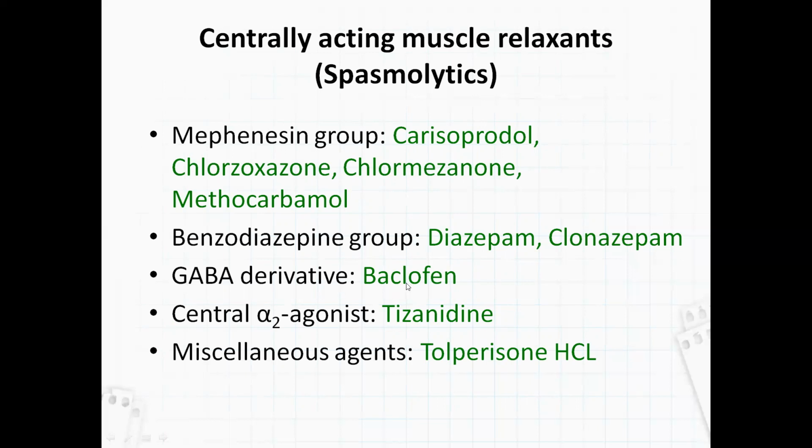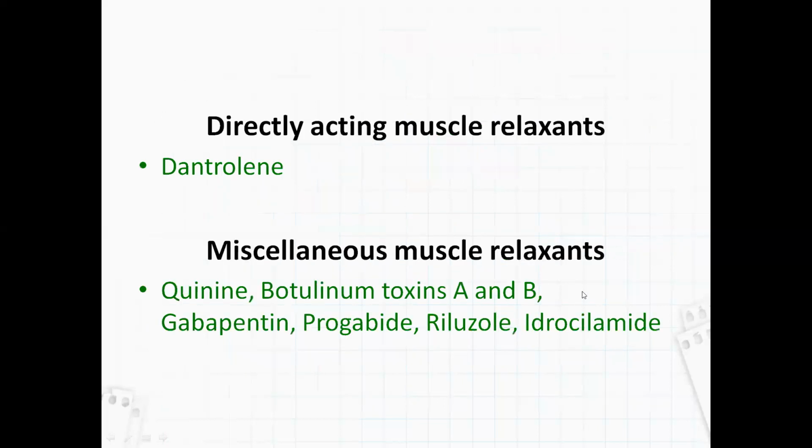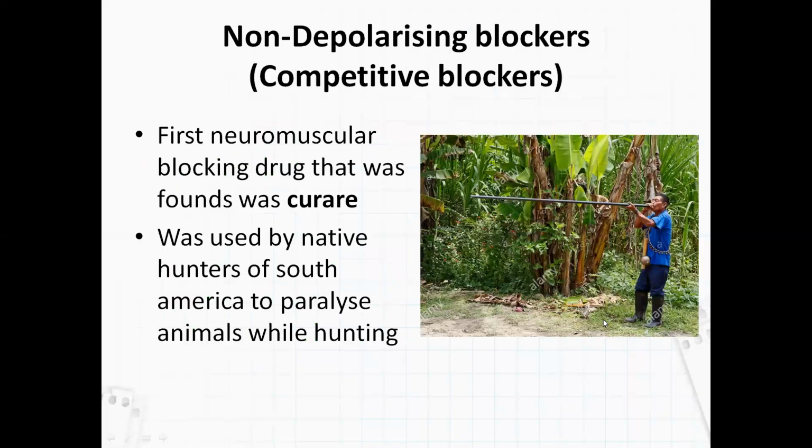GABA derivative: baclofen. Central alpha-2 agonist: tizanidine. Miscellaneous agents: tolperisone HCl. Directly acting muscle relaxants: dantrolene. And miscellaneous muscle relaxants: quinine, botulinum toxins A and B, gabapentin, progabide, riluzole, idrocilamide.